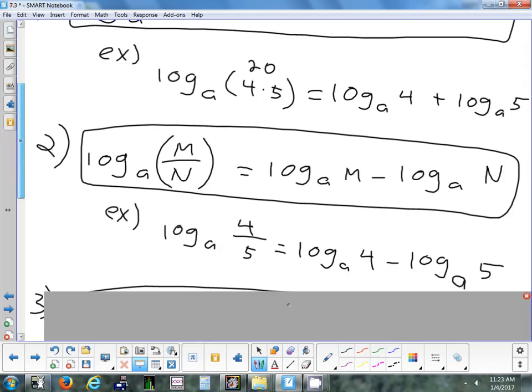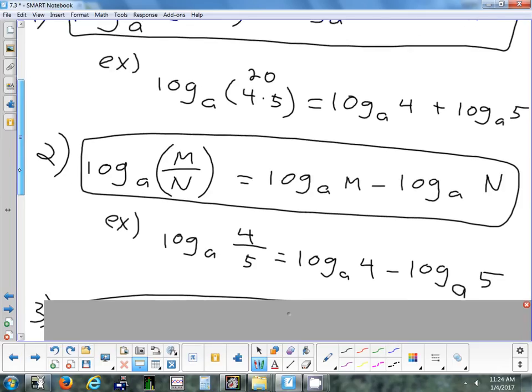But the log of 4/5 equals the log of 4 minus the log of 5. Any base you want to use, 10, e, or anything else. They'll give you the base in the problem. So just whatever base they give you in the problem, keep it the same through the whole problem. Any questions on rule 2?